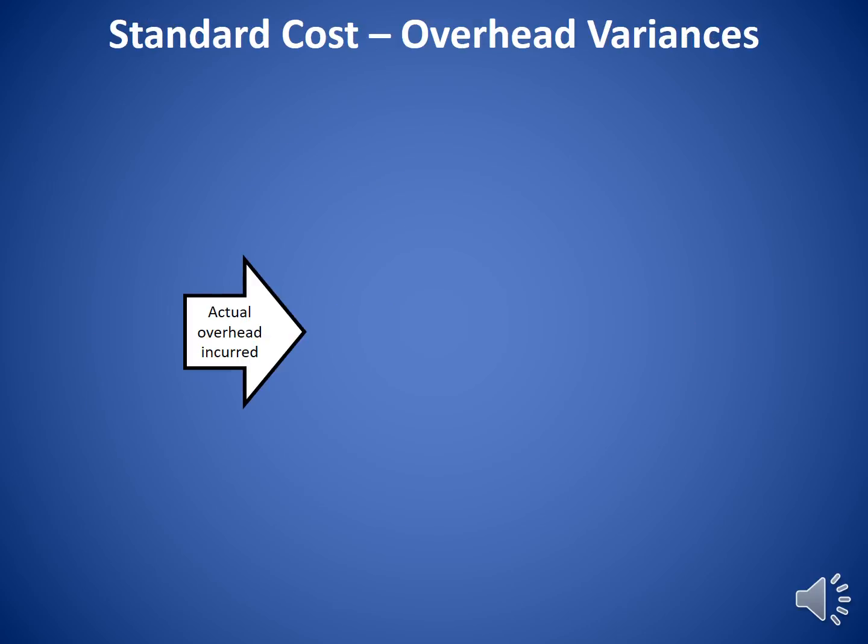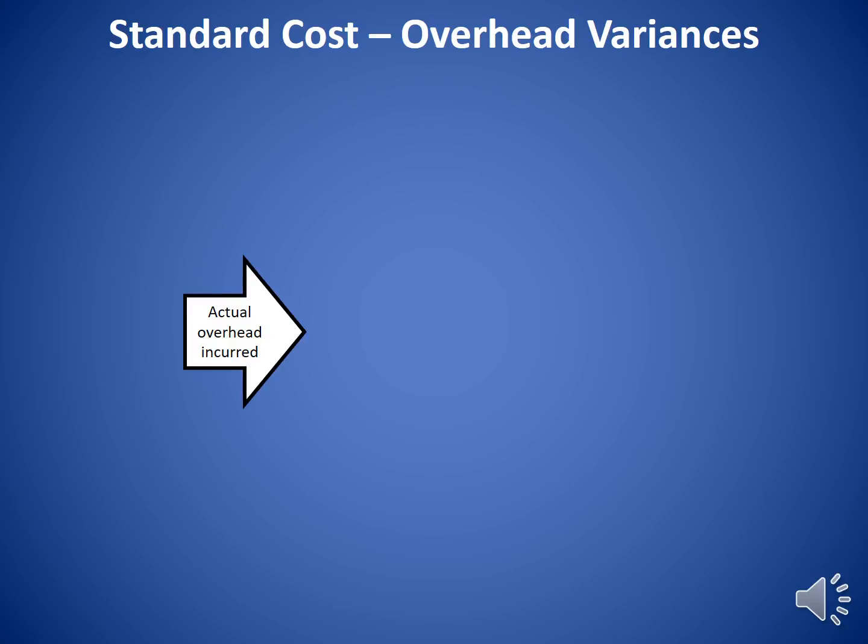Now let's take a look at overhead variances, and we're going to start at a very simplified level on overhead variances because they can get slightly complicated. First of all, we start out with the actual overhead incurred, and you'll remember when we create an overhead allocation system in a manufacturing system, we apply what we estimated overhead would be for the year based upon an estimated cost driver.